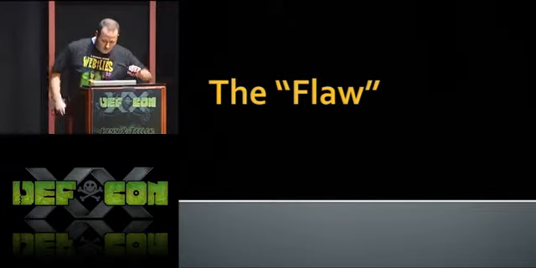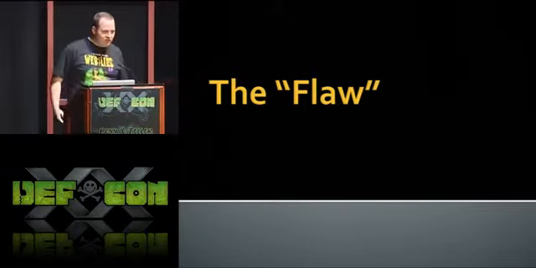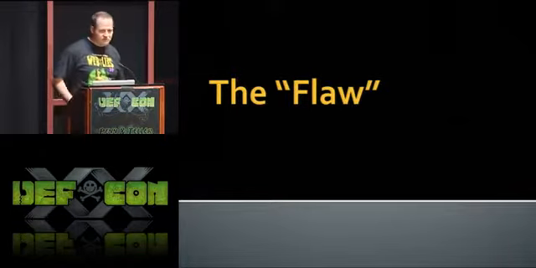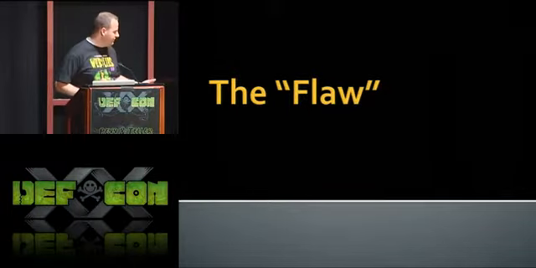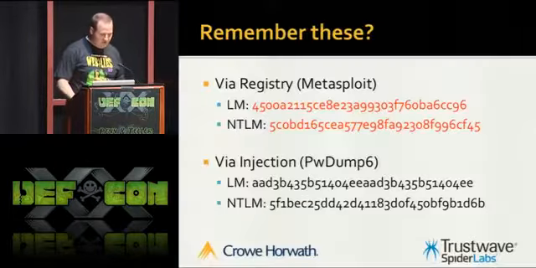Hi. So the flaw is really what Ryan experienced when he was doing his penetration testing. He pulled it via one tool, gets one hash, pulls it via a different tool, gets a different set of hashes. So let's take a look at that again. If you guys remember this from earlier in Ryan's slides, we want to figure out why we're getting bad LM and NTLM hashes with Metasploit in this particular example.